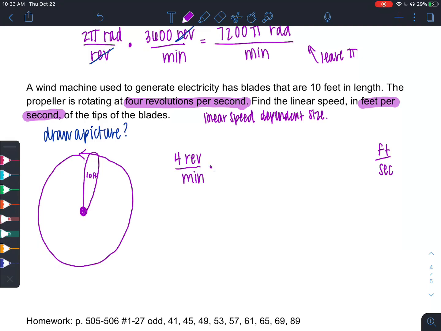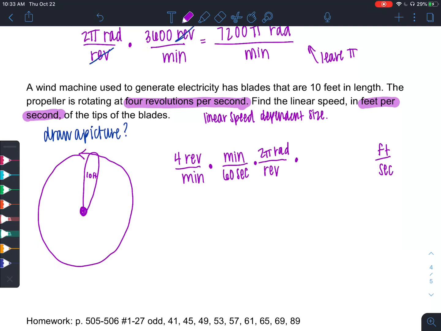So easy conversion, minutes to seconds. So if I have 4 revolutions per minute, I'm going to multiply by minutes. 1 minute is 60 seconds. And we know that 1 revolution is 2 pi radians. And then we want to multiply that.